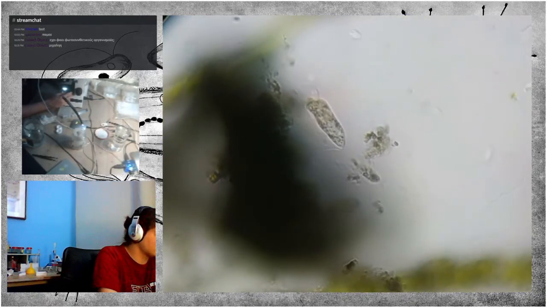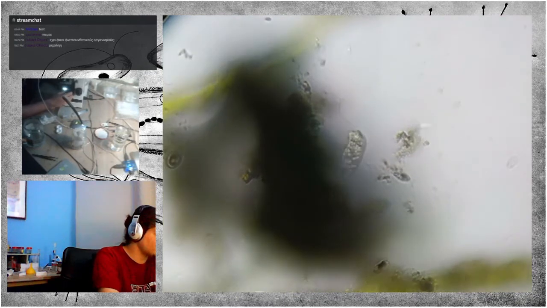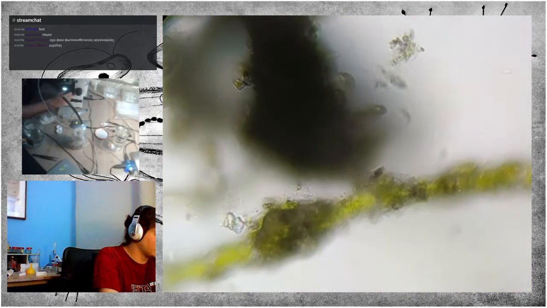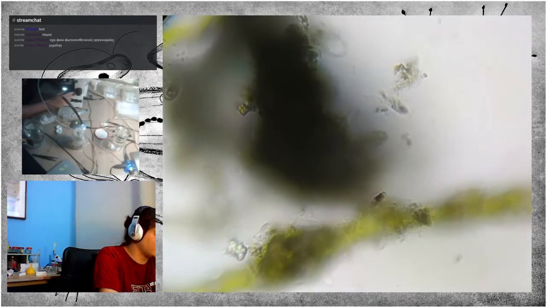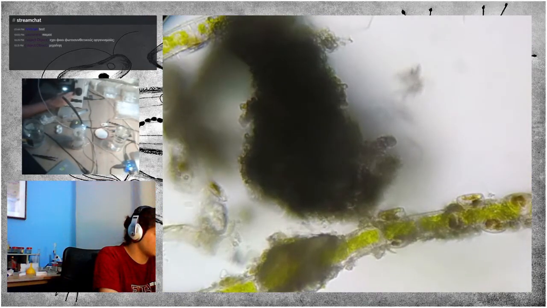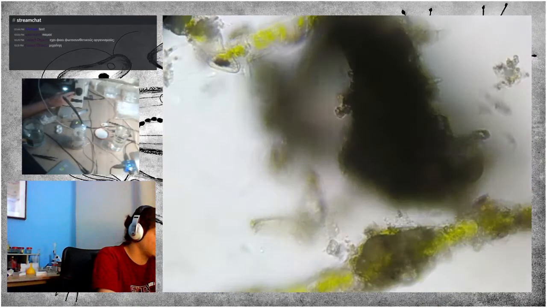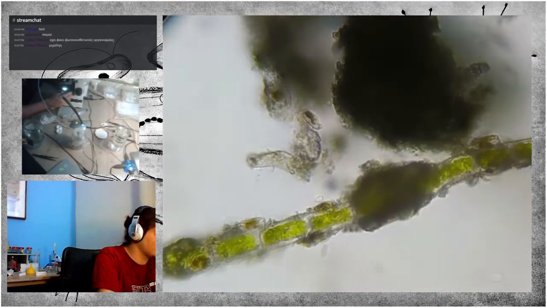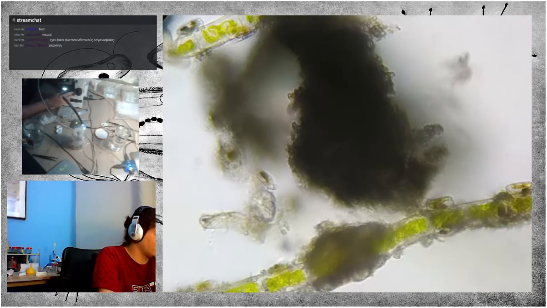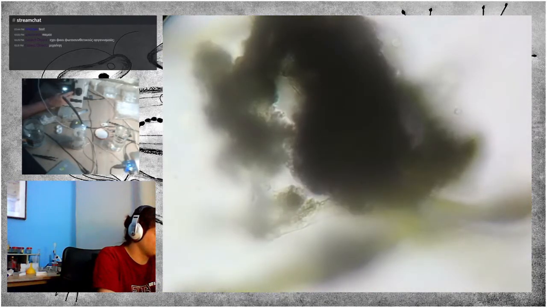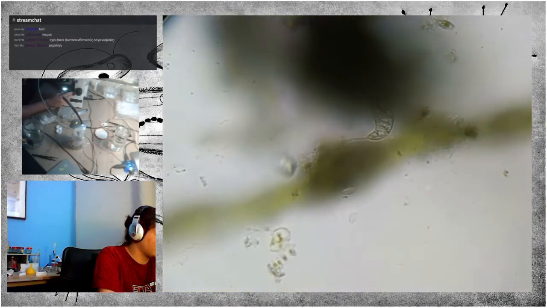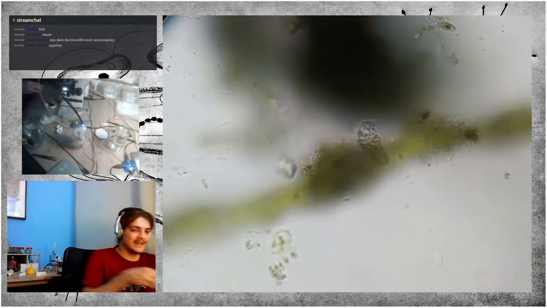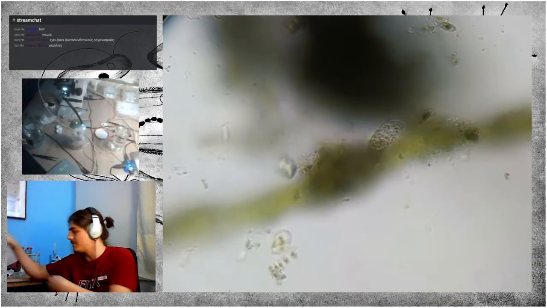This one is not photosynthetic, obviously, because there is no green stuff, which are basically the photosynthetic... come on, I'm forgetting words. Until I remember the word, let me check for the species.